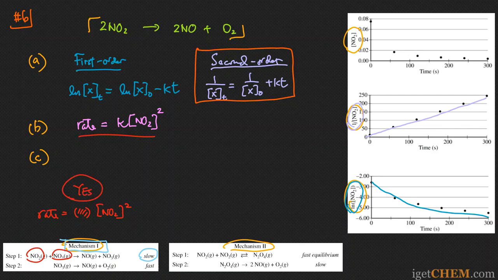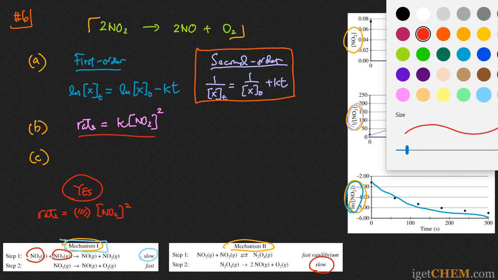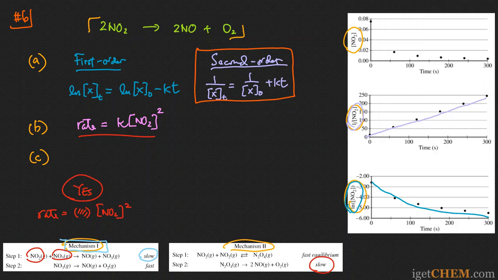And now for mechanism 2, which is a little more complicated, the slow step in that mechanism is the second step. So in this case, the second step only really has one reactant, N2O4 only. However, that N2O4 is not part of the overall reaction.